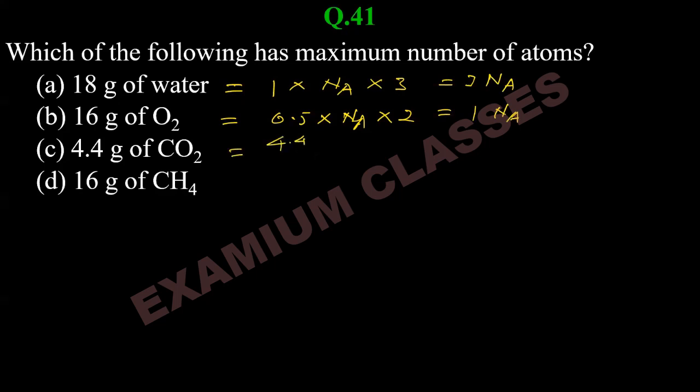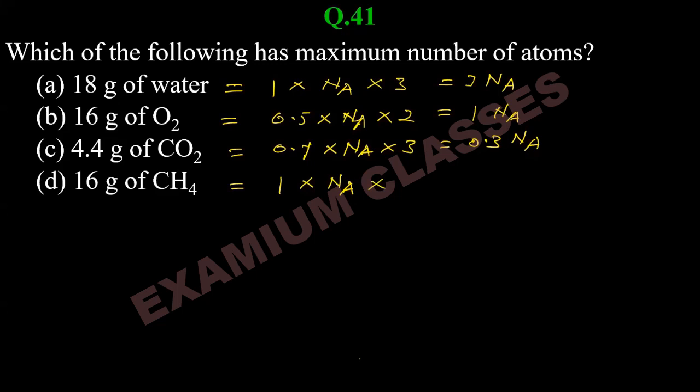4.4 gram divided by molar mass into Na. So it will be 0.1 into Na, number of molecules. But in one molecule, there are 3 atoms, so 0.3. 16 gram of CH4 given mass upon molar mass, that is 1 mole. 1 mole into Na gave you molecules.